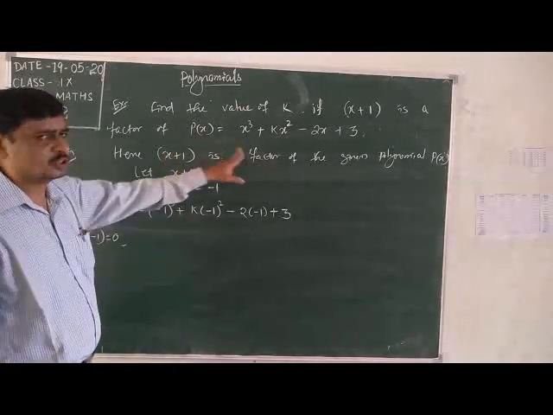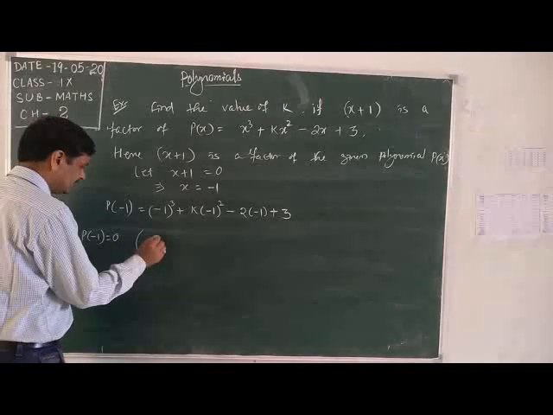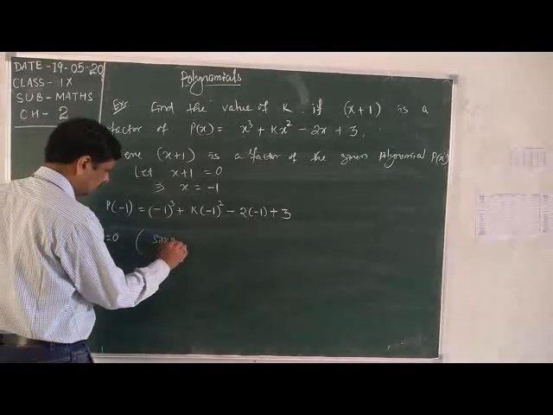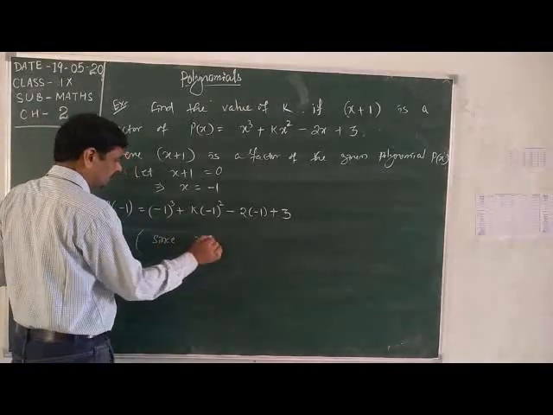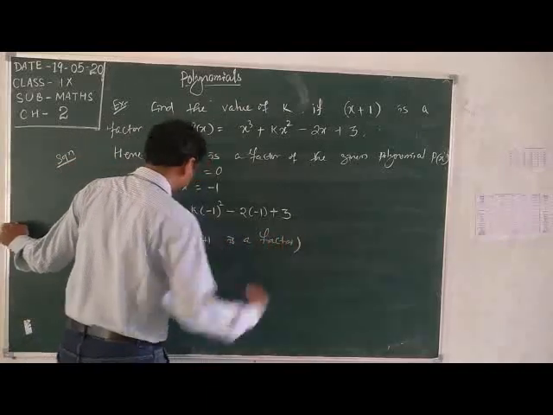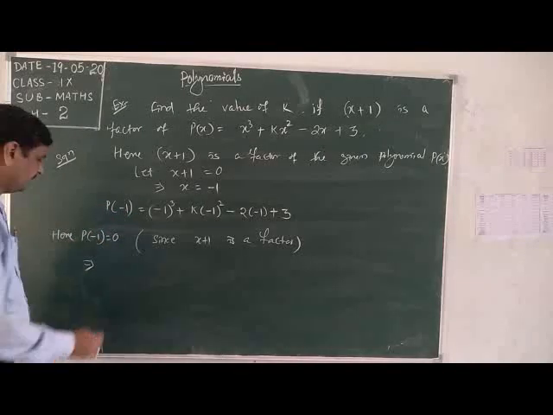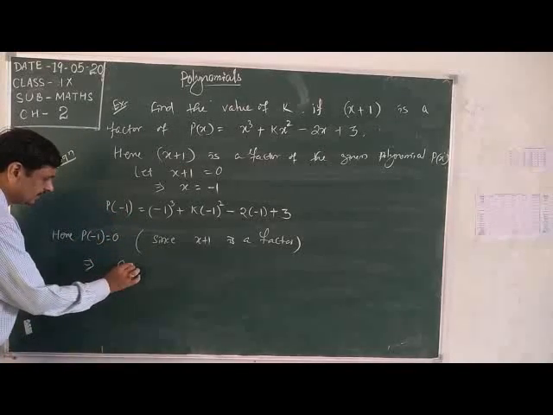Since x plus 1 is a factor, then p of minus 1 is 0. This implies in place of p of minus 1, we can write 0 here.